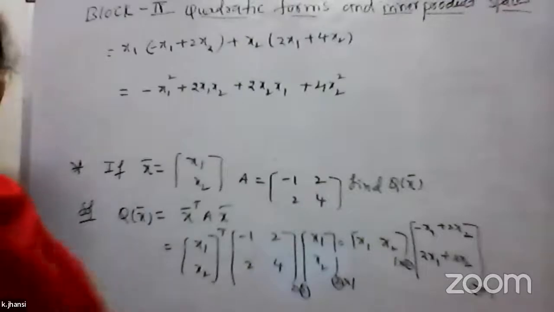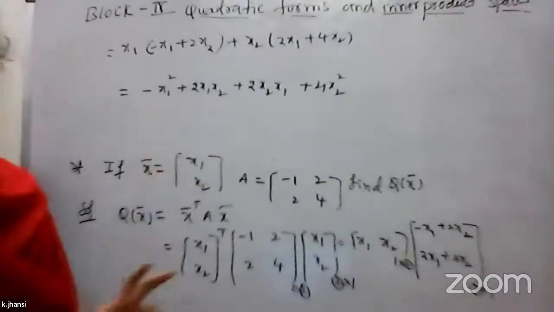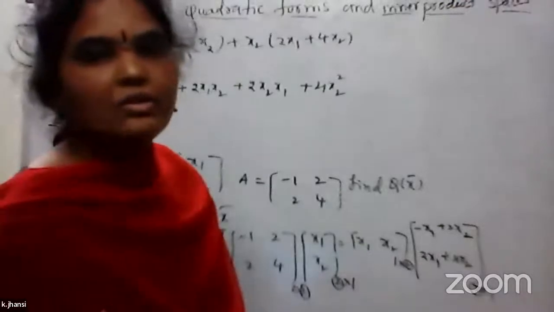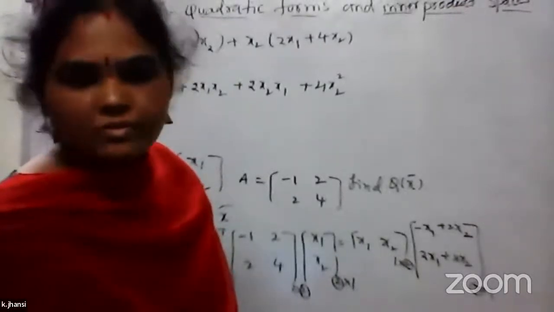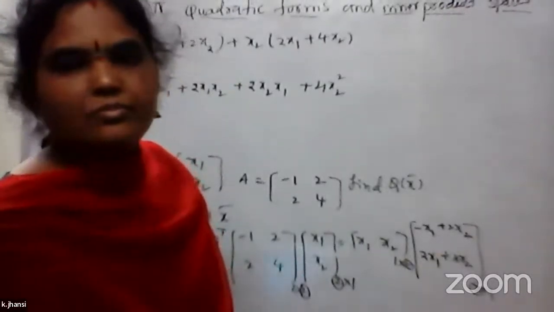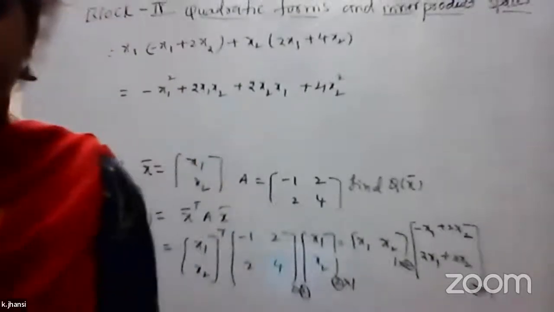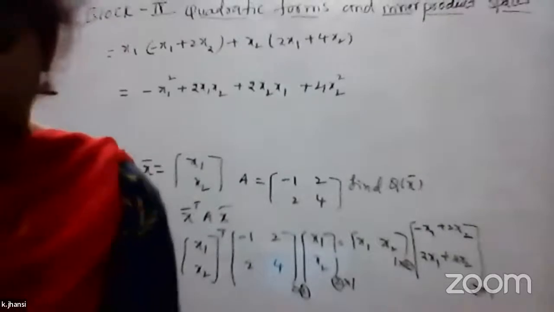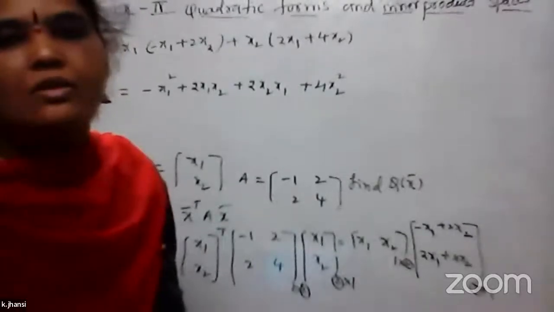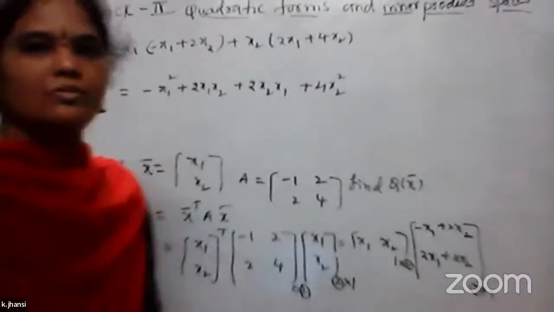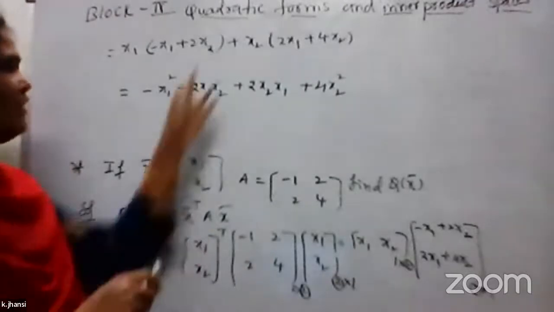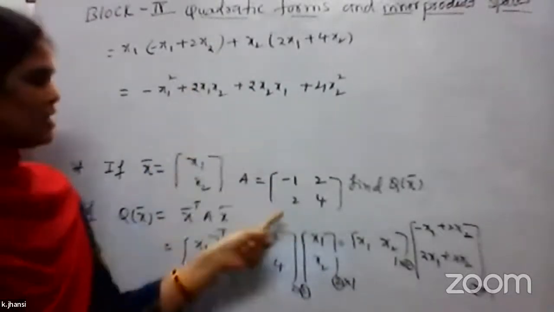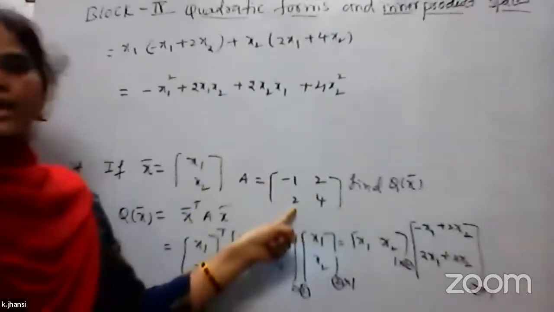So problems will be asked in two types. The question they will ask is to convert the given matrix into quadratic form, or else the quadratic form into matrix form.